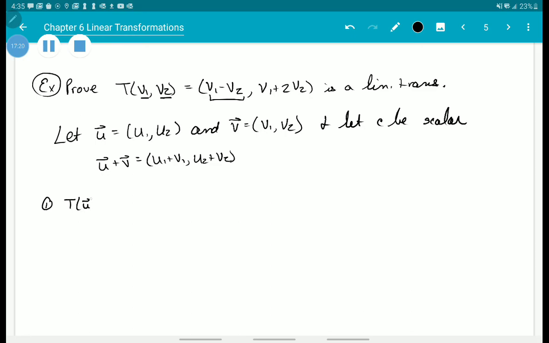T of u plus v has to equal T of u plus T of v. So I'm going to start with T of u plus v. That would be the transformation of that sum.